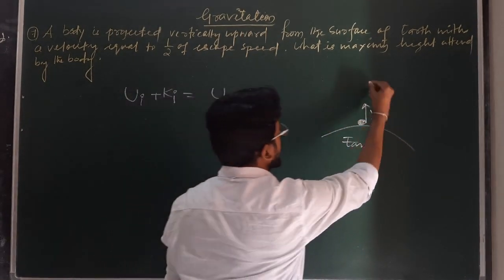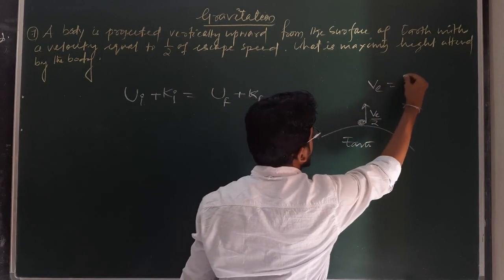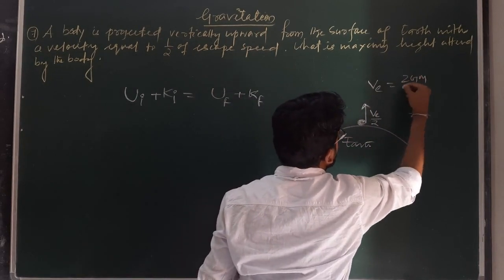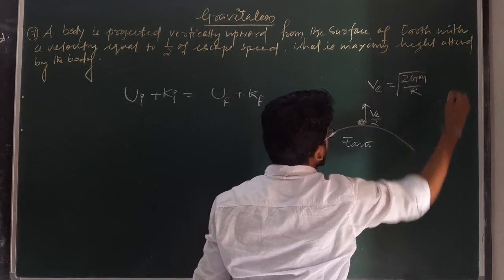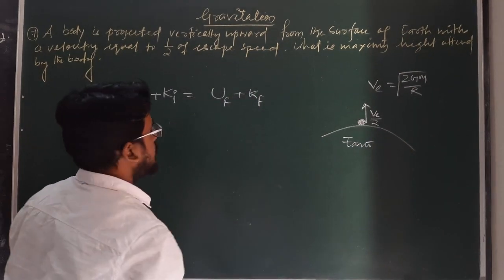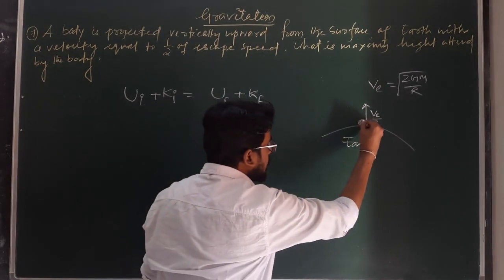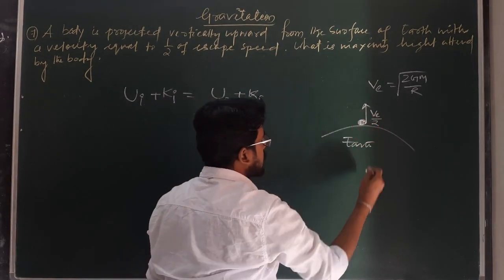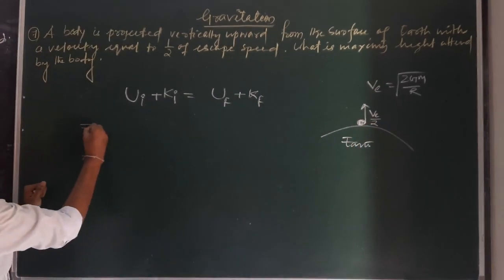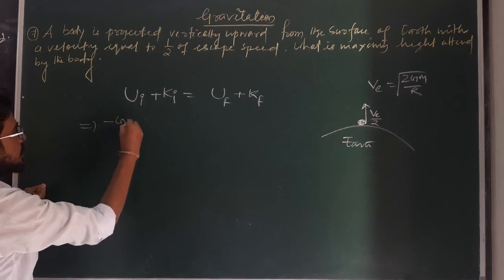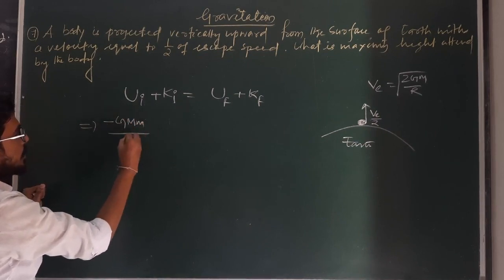We know the expression for escape velocity of earth, that is under root 2GM by R. Clear? Okay. So what is initial potential energy? As initially the body is on the surface of earth, the initial potential energy of the body will be how much? Minus GM by r.